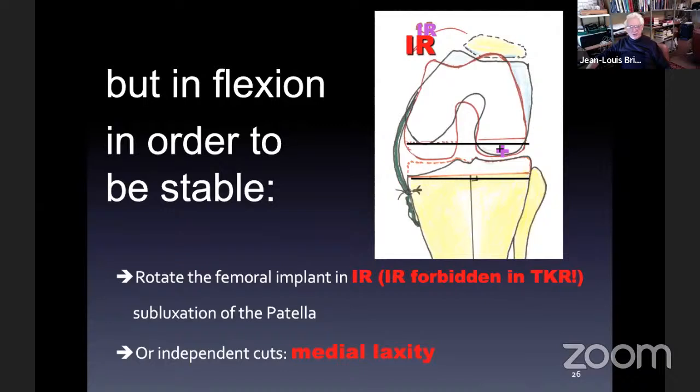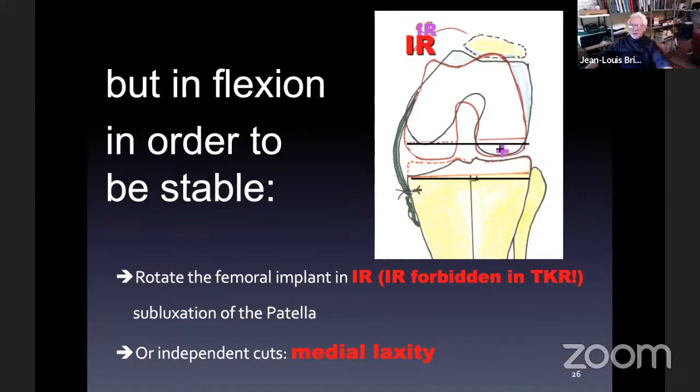But in flexion, if you take the independent cut, you will have medial laxity. If you do the flexion gap balance with the extension gap, you will have internal rotation, and you will have subluxation of the patella.